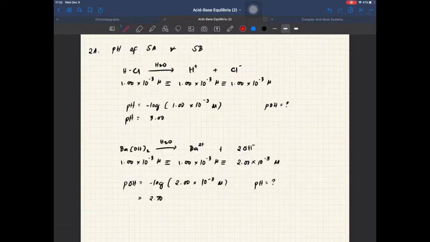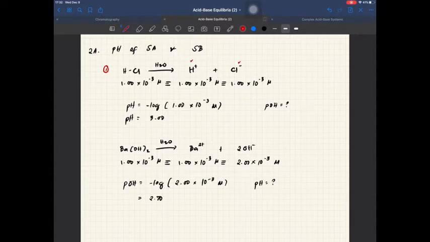Okay, let's apply the concept of pH and pOH in calculating the pH and pOH of strong acids and strong bases. Okay, let's have the first example provided here. The first example is the dissociation of hydrochloric acid in water, which produces hydrogen ion and chloride ion.